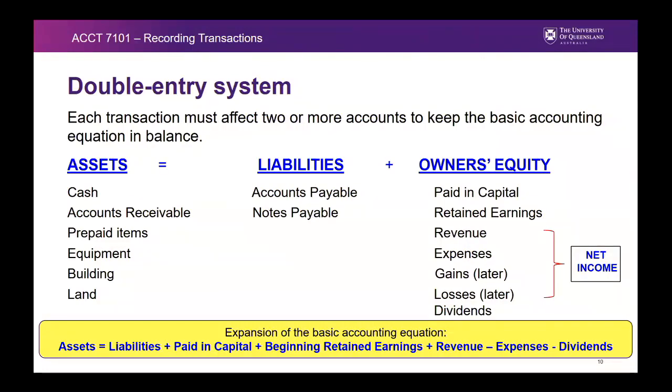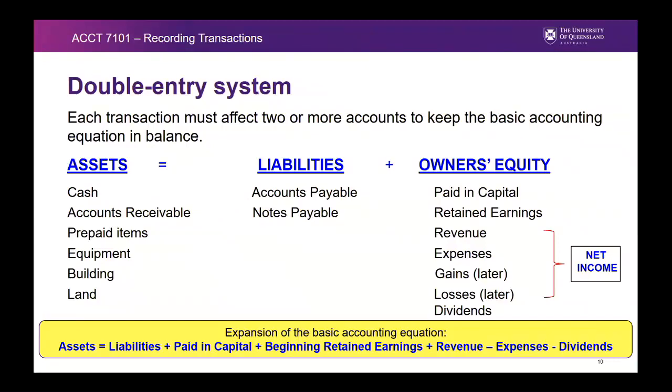And the final new bit here is that when a company pays out money to its investors or shareholders, the dividends that get paid are a decrease in equity. They actually get paid out of retained earnings. So where we have a transaction involving dividends, we'll be deducting that from the equity side of the equation.